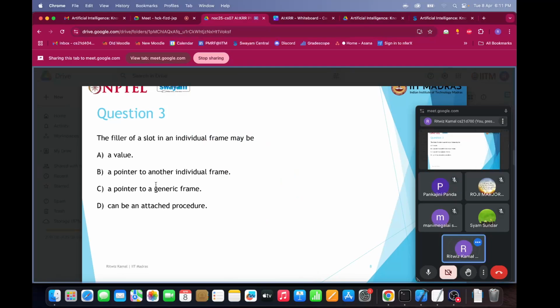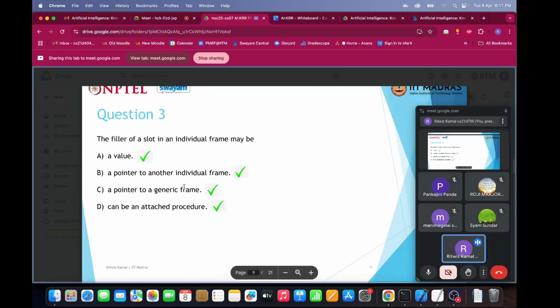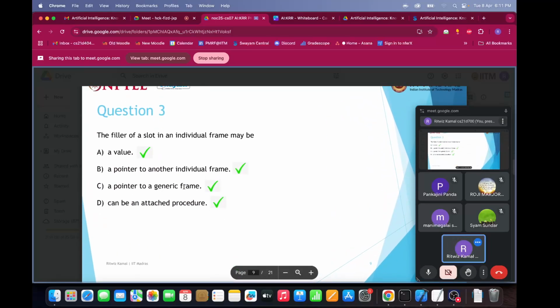It can also be a pointer to a generic frame, right? Because if it can be a pointer to another individual frame, that individual frame might be a generic frame as well. So actually all options are correct in this case. Okay, so yeah, another example of a recall based question.